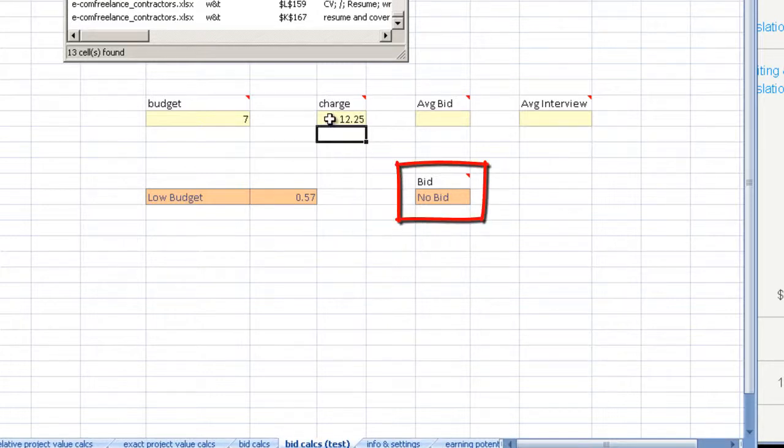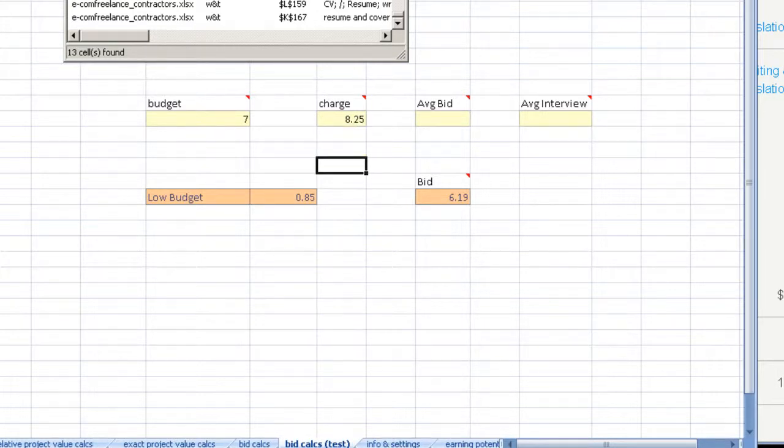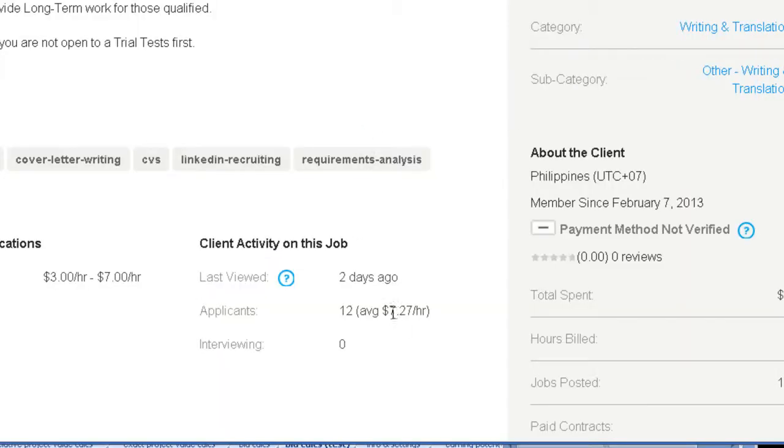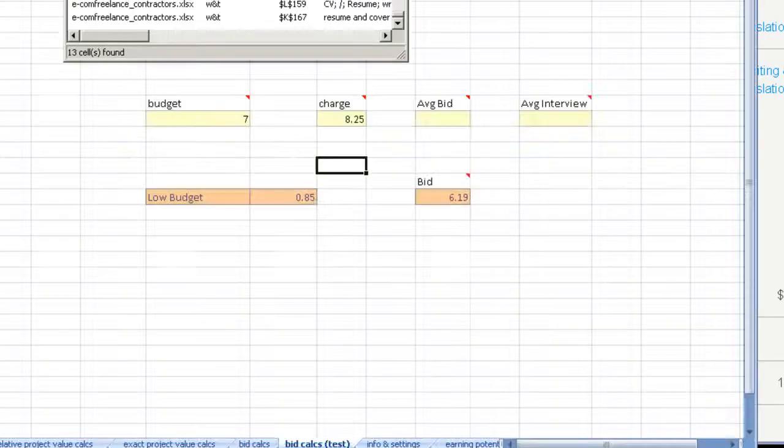However, since it is just a little bit above the budget, I have the calculation set up so that it would output a lower bid that would have a high chance of being acceptable to the contractor, yet it would also fit within the budget of the client as well. Let's see what happens when I add the average bid amount.